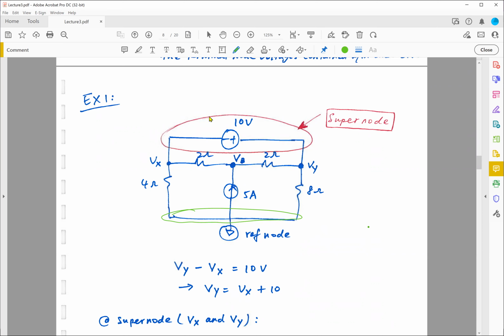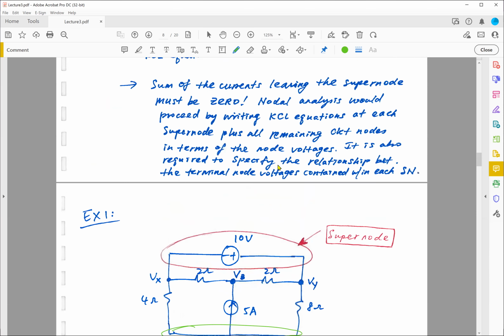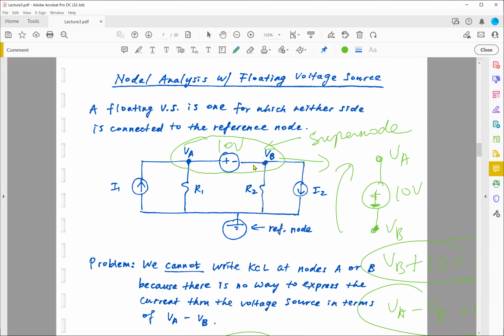But if you look closer, I have this 10 volt source here, and it is simply floating because neither end of it is connected to my reference node. One side is Vx, the other side is Vy. Likewise for this voltage source, one side is VA and the other side is VB. Neither end is connected to my reference node, so this is said to be floating.